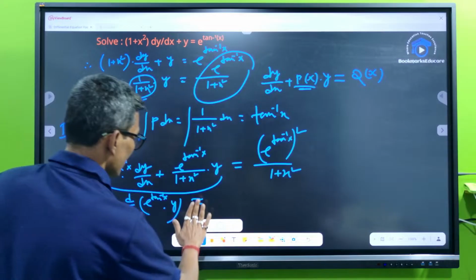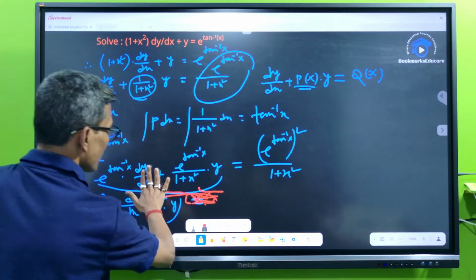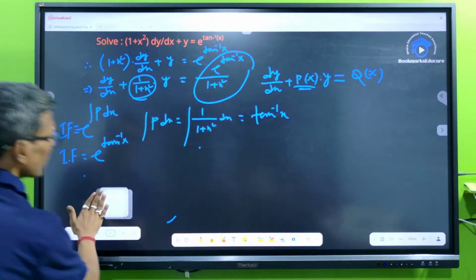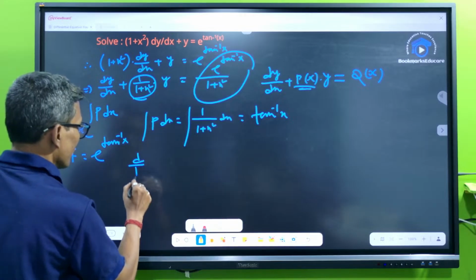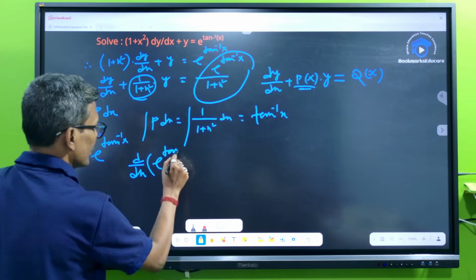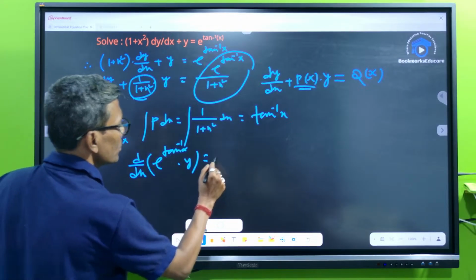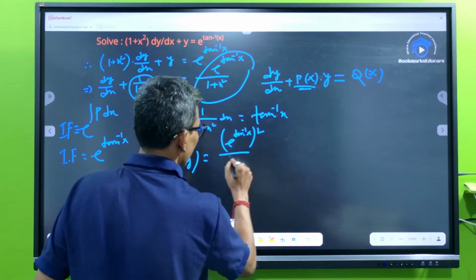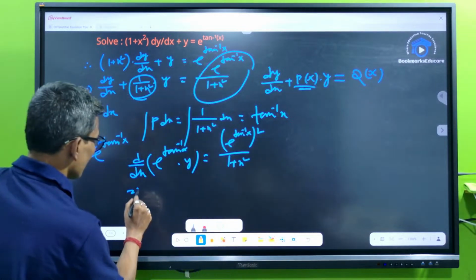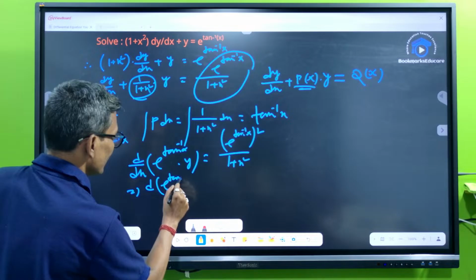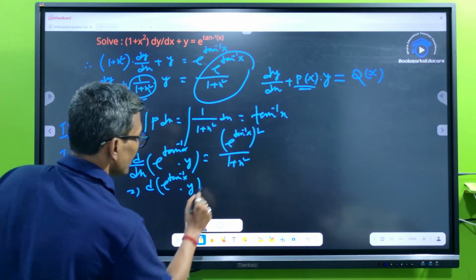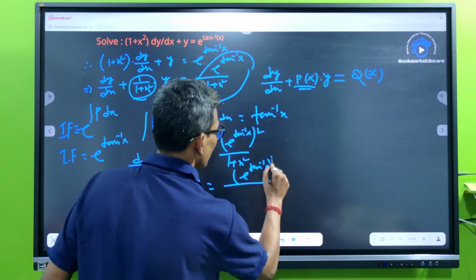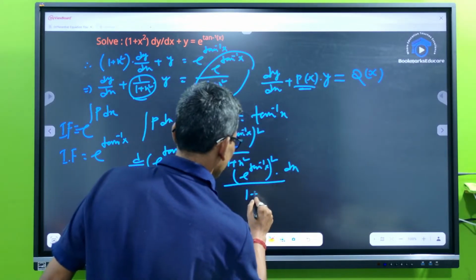So d/dx of e to the power tan inverse x into y is equal to e to the power tan inverse x whole square by 1 plus x square. So d of e to the power tan inverse x into y is equal to e to the power tan inverse x whole square into dx by 1 plus x square.